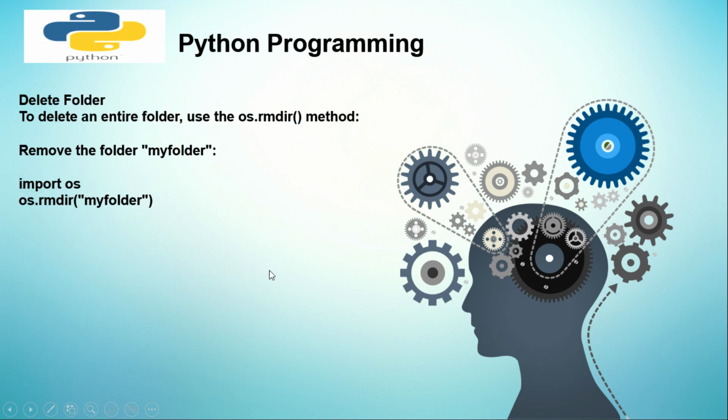A folder can have one or many files. So you import os and then say os.rmdir with the folder name. This will delete the entire folder.